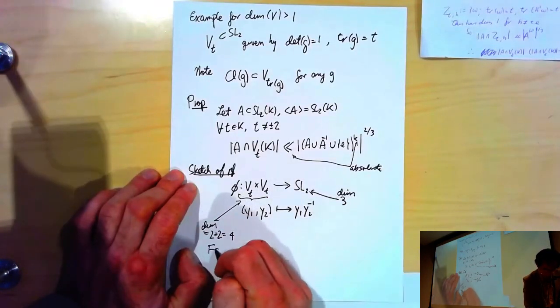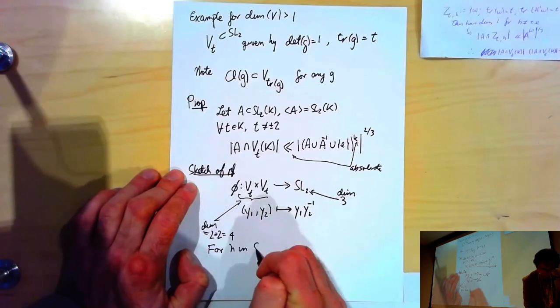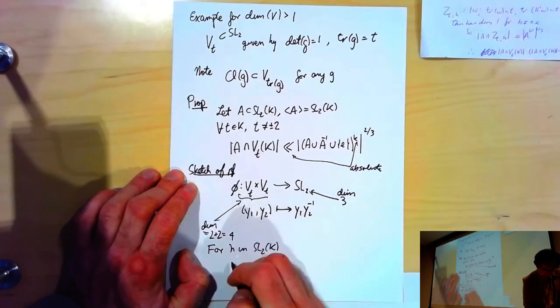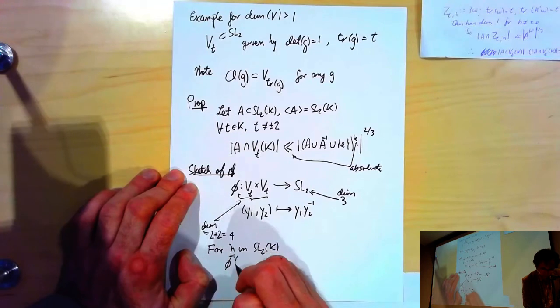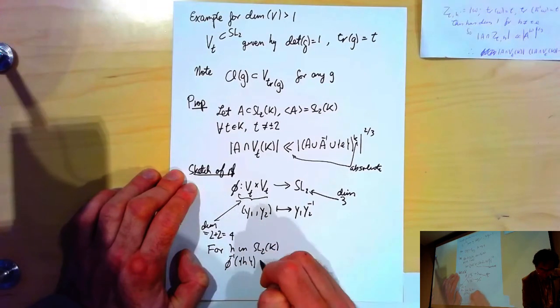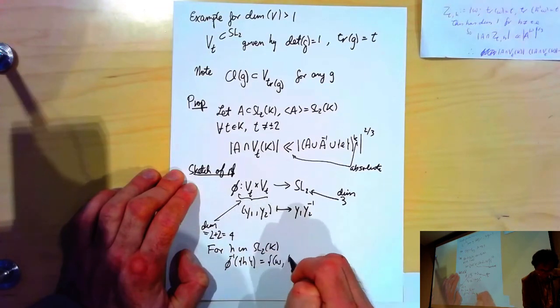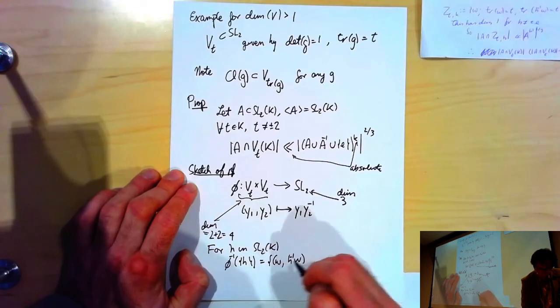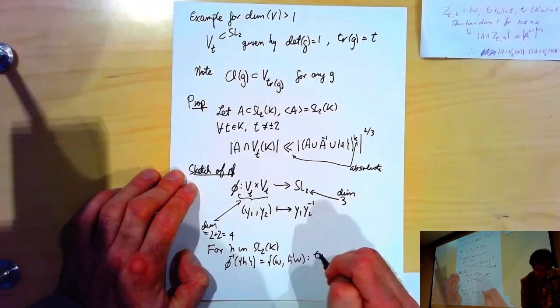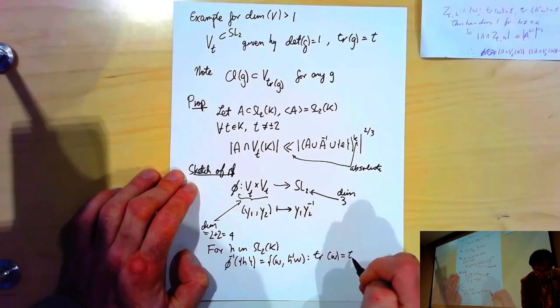So, for h in SL2(K), we are going to examine the size of a pre-image. Well, that's determined by the first coefficient for h fixed. So we really have to look just at w.